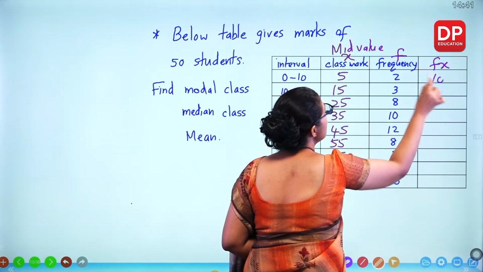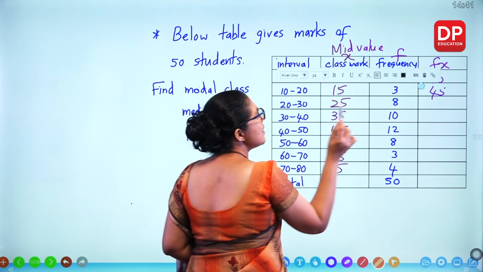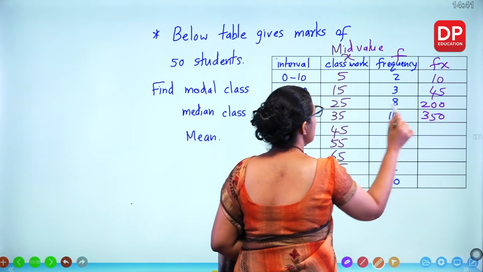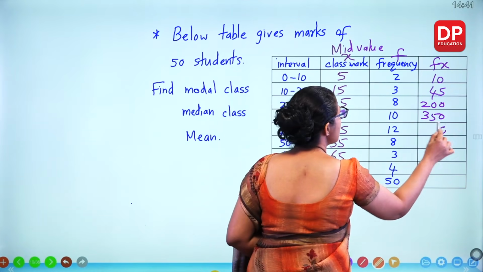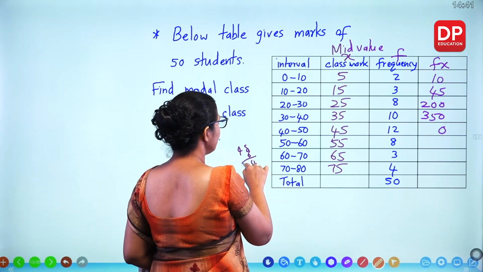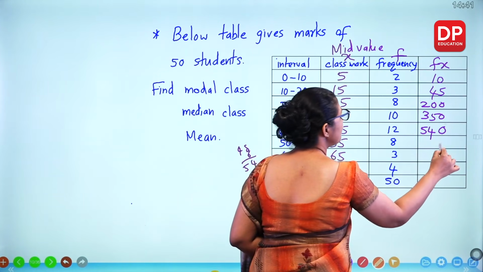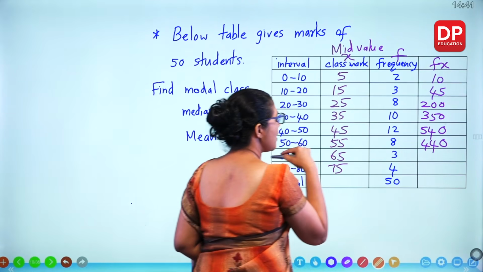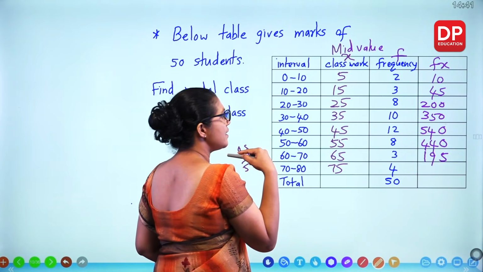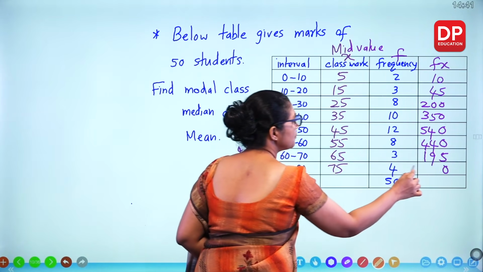5 times 2, 10. 15 times 3, 45. 25 times 8 is 200. 35 times 10, 350. 45 times 12, 540. 55 times 8, 440. 65 times 3, 195. 75 times 4, 300.